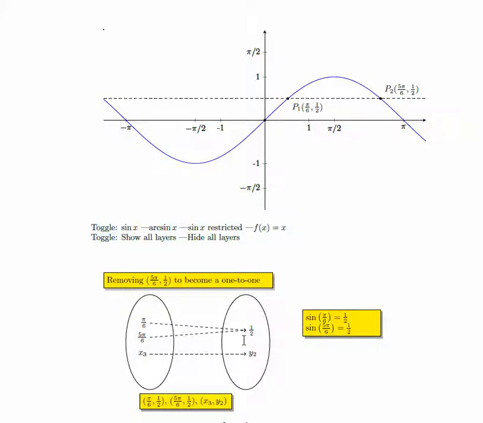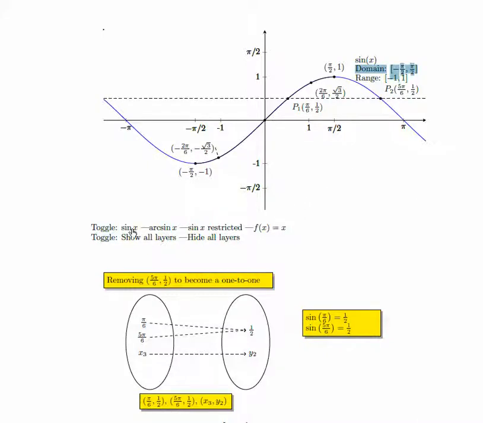How about if we restrict our domain from negative pi over 2 to positive pi over 2? You see this black part. Then if you draw any horizontal line, it has at most one intersection with this part of the picture. So if the domain is restricted from negative pi over 2 to positive pi over 2, the function will be one-to-one.